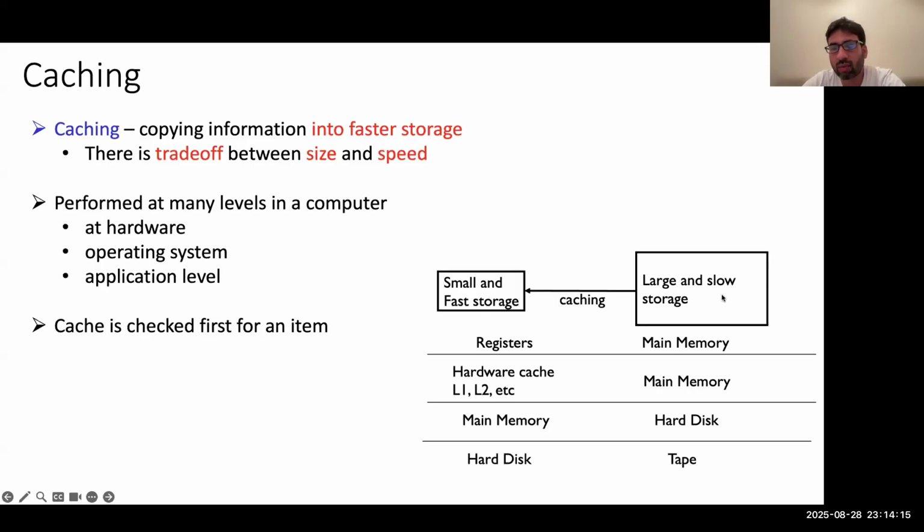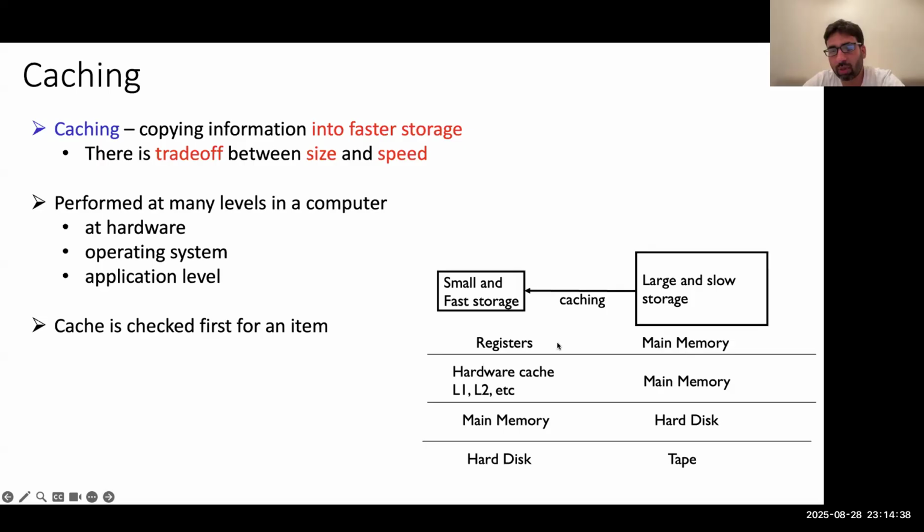The copying always happens from a large and slow storage level to a small and fast storage level. For example, you copy the data from main memory to the cache. Main memory is large but slow as compared to the cache. And then from cache, you can copy the data to the registers. Caches are larger but slower as compared to the registers, right?